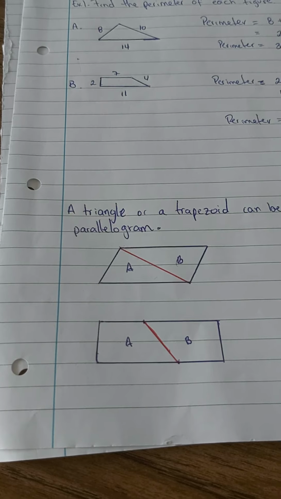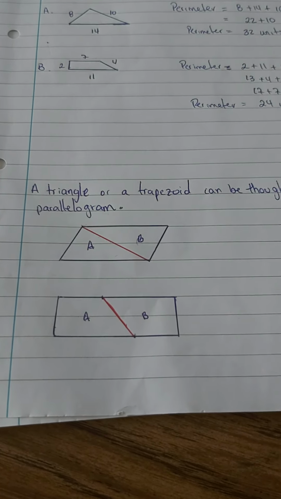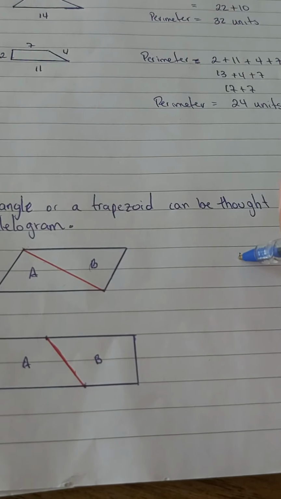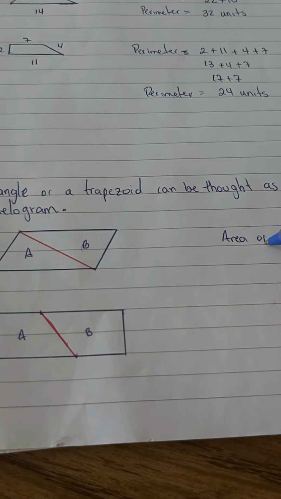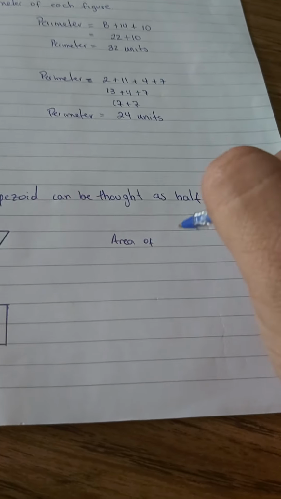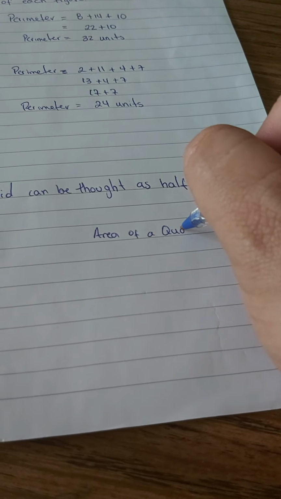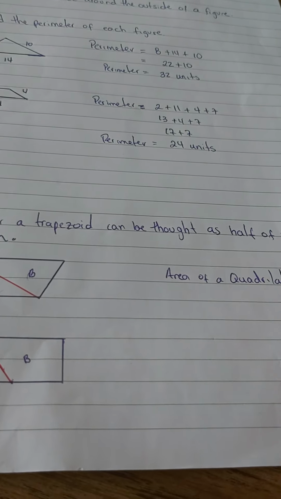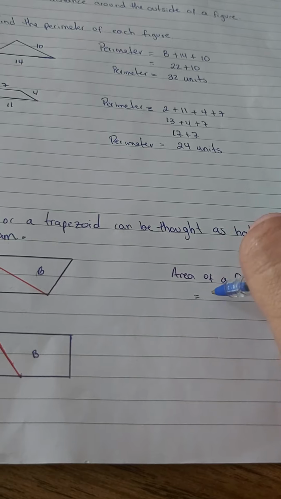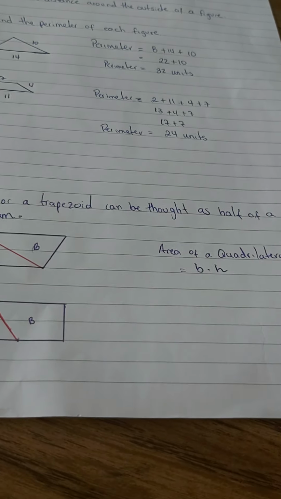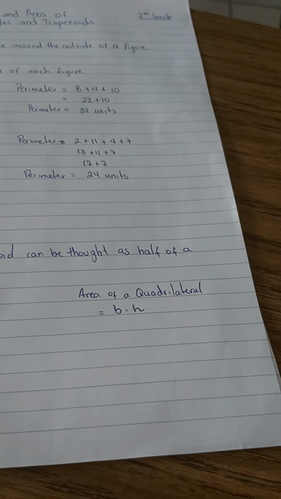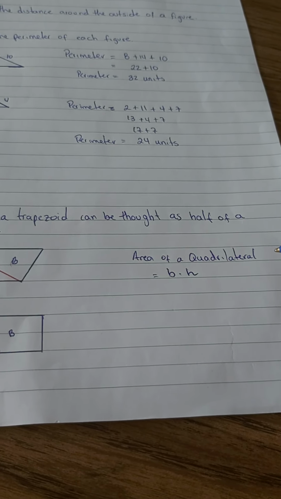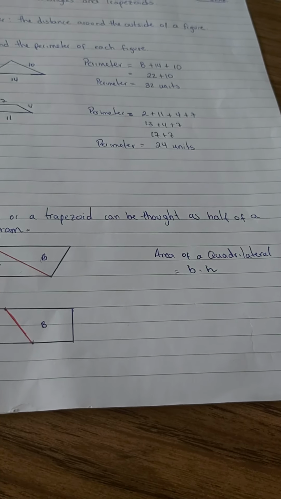from this, we can say that, by definition from the previous lesson, we learned that the area of a quadrilateral was equal to base times height, right? Actually, we were talking about the area of rectangles and parallelograms, right?